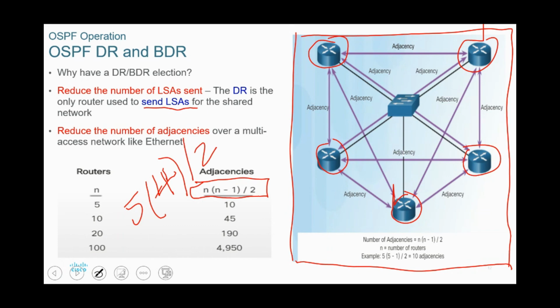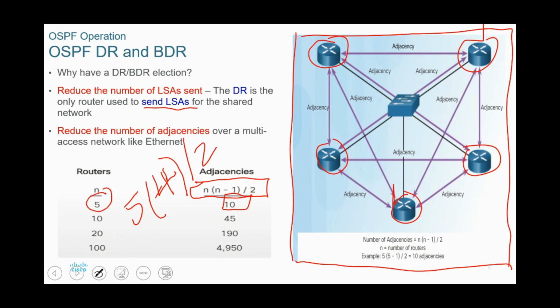So 5 minus 1 is 4, 4 times 5 is 20, and 20 divided by 2 gives you 10. This 10 represents 10 lines for you to form the adjacencies if you have 5 routers.